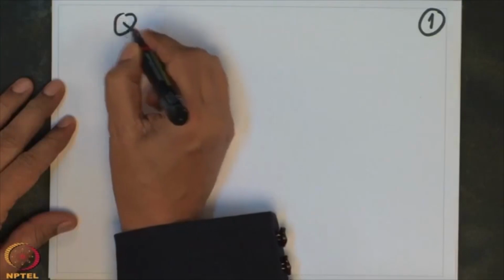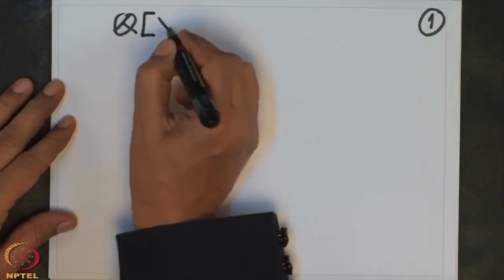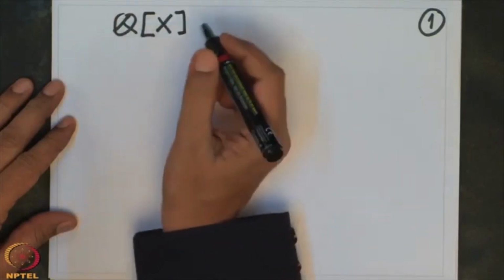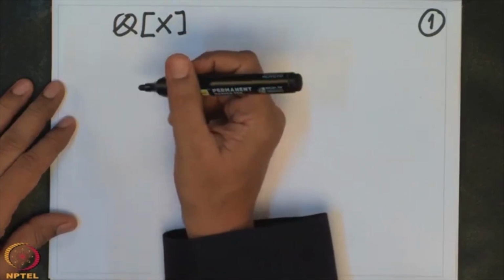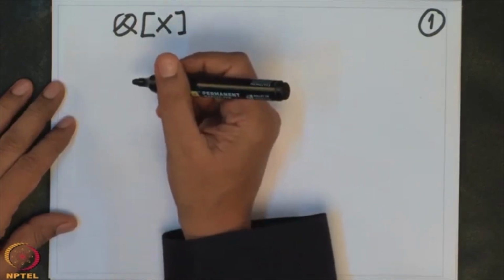Now let us try to do this similarly for the field Q. What about Q[x]? I want to find a possibility for two things.